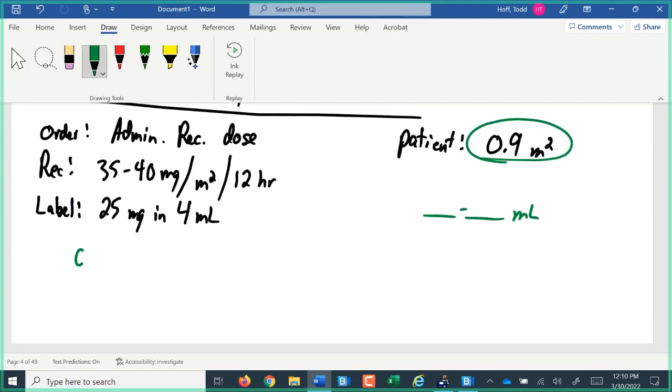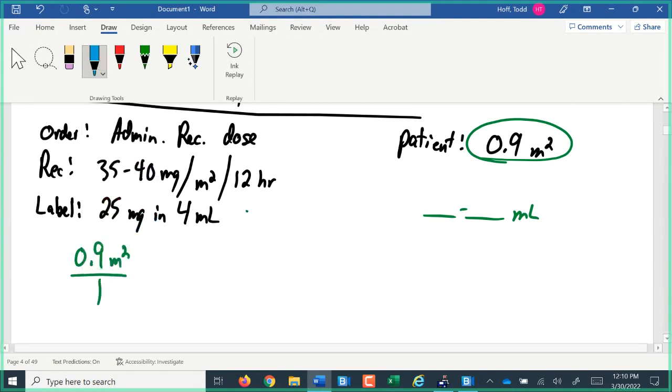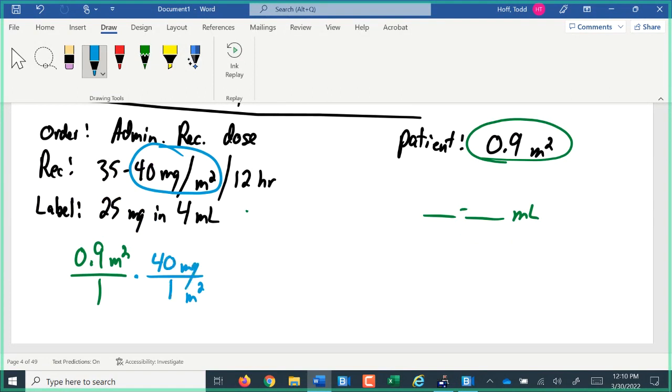We're going to start with the 0.9 meters squared. Put it over 1. And now we need to get rid of the meters squared, and we're going to do that by using the high end or our maximum of our range of recommendations. So that's 40 milligrams per meter squared, so 40 milligrams per 1 meter squared.